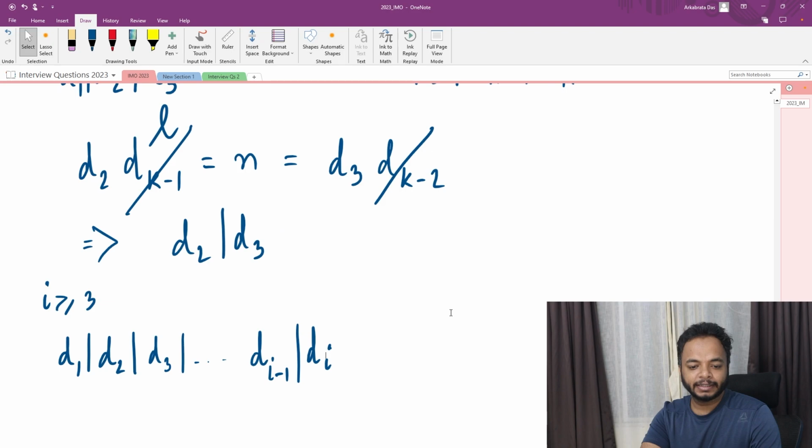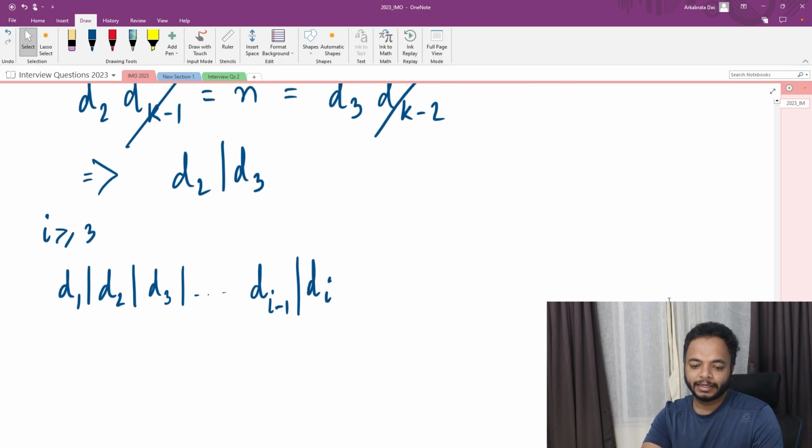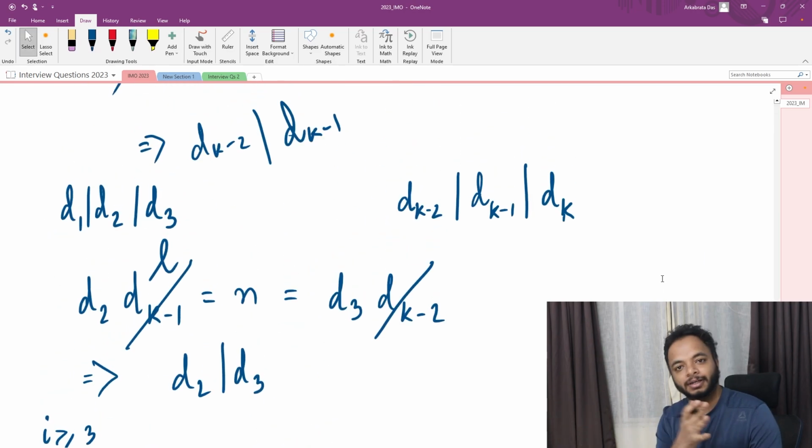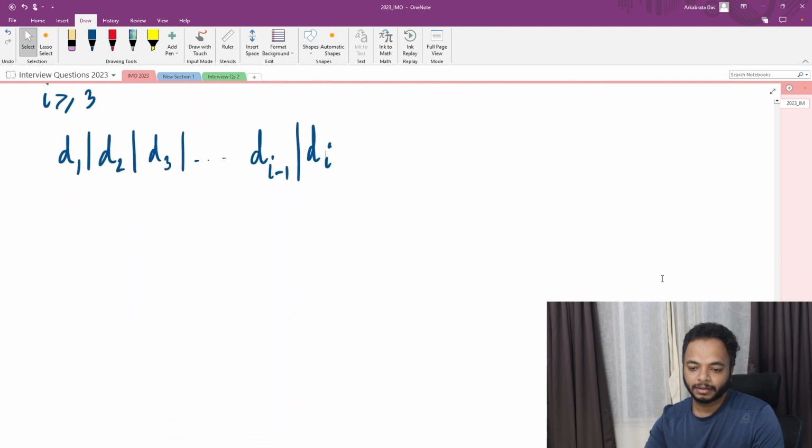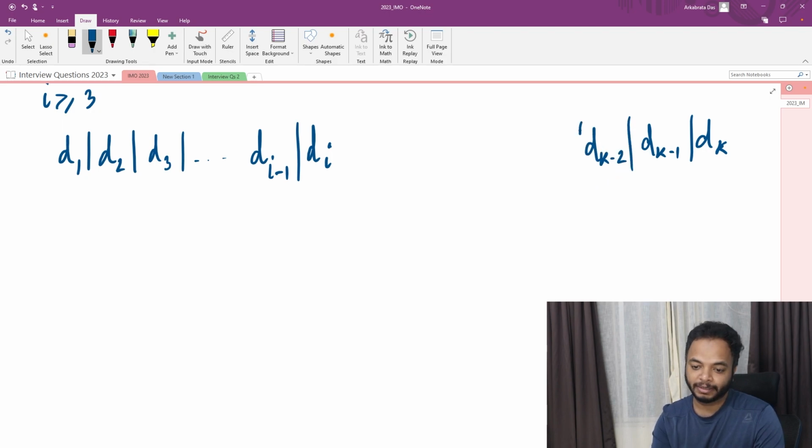And this is given, and from the back again it will be given that we'll have i steps from the back also. So that will be d(k), d(k-1) divides d(k-2), and so on and so forth.